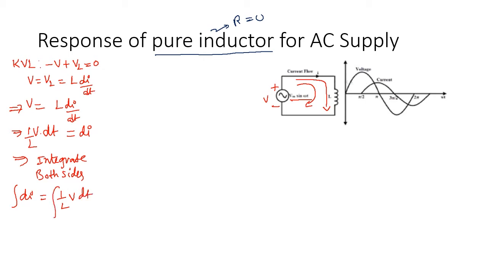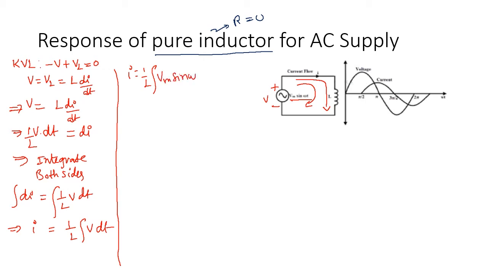So when you integrate, you will get I is equal to 1 by L, which is a constant, so you can take it outside, integral of V dt. So this is the equation for the current. I is equal to 1 by L integral of V dt, where V is equal to Vm sin omega t into dt.